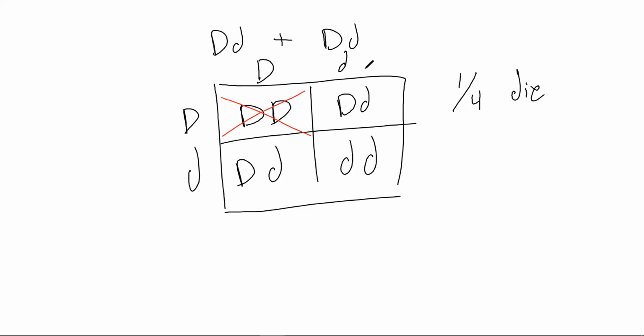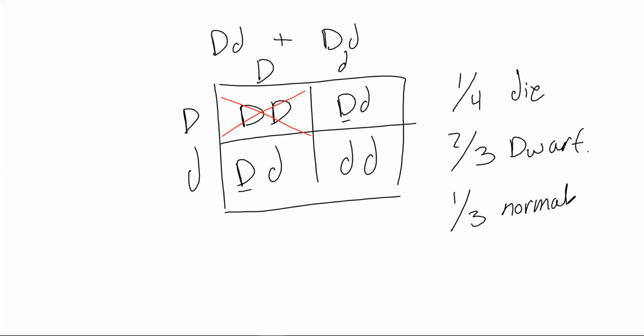So in this situation, how many are going to show dwarfism? Dwarfism is a dominant gene, which means 2 out of 3. Remember, because I've gotten rid of 1. 2 out of 3 are going to show dwarfism. And 1 out of 3 is going to not show dwarfism. So we're going to call them normal.